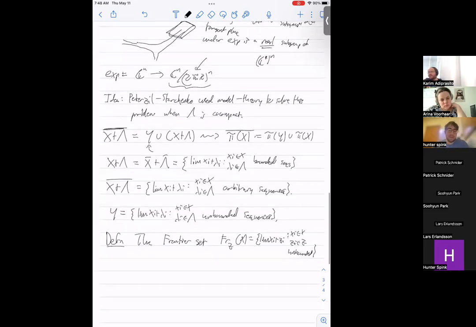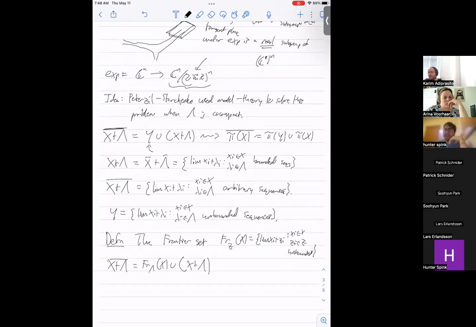And the observation was that the closure of X plus lambda is equal to this frontier set union X plus lambda.